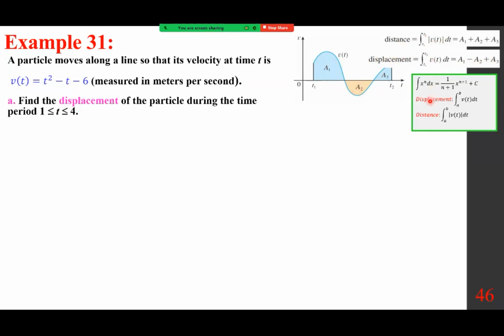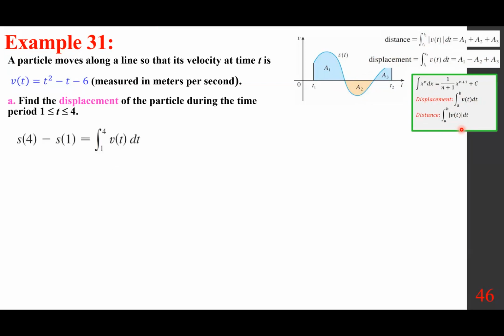So the displacement is the integral of v of t dt from a to b, but the distance is the integral of absolute value of v of t dt from a to b. That's the difference, and I hope everybody's clear on that. Okay, so with that being the case, let's see what happens here.